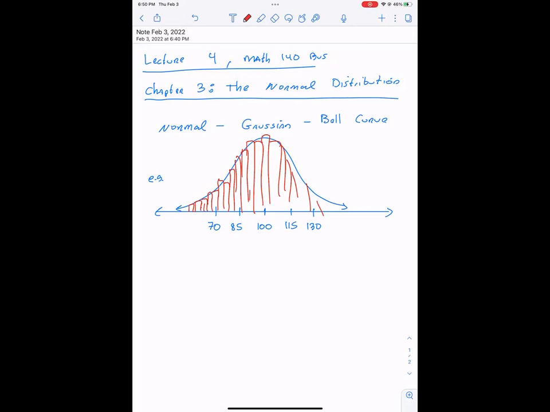But this is an example of what is called a density curve. So I want to define a density curve.